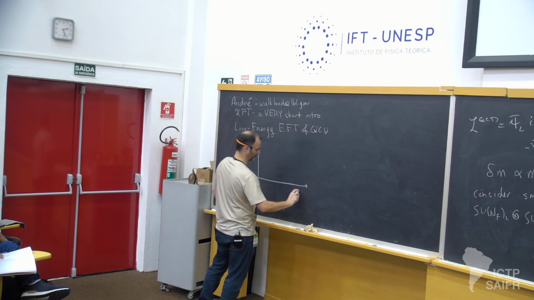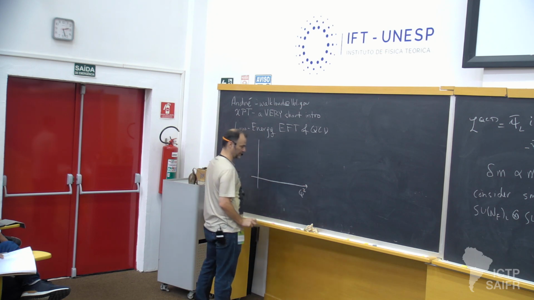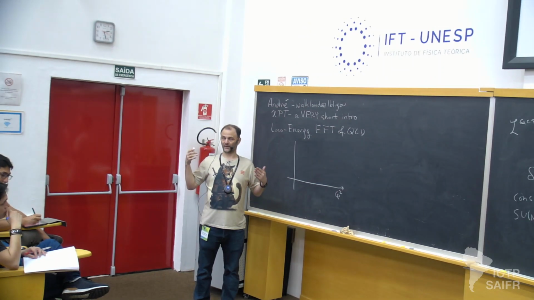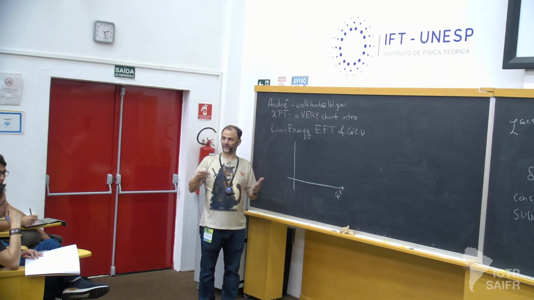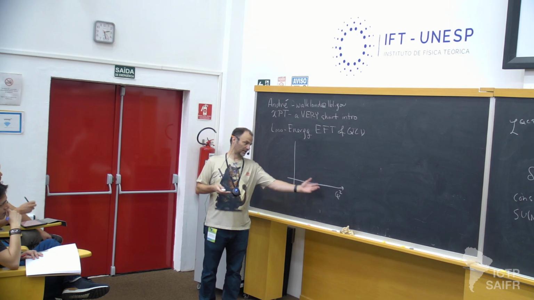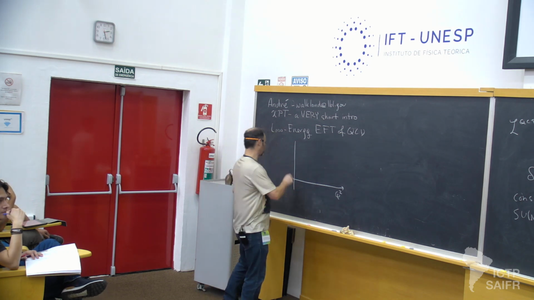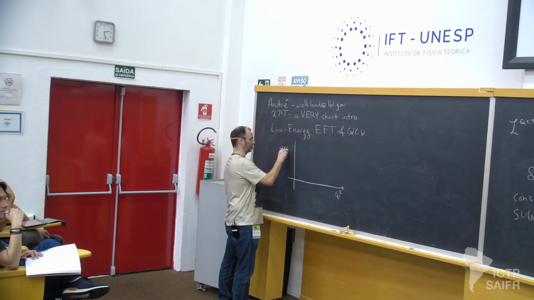So if here I plot some energy scale, Q squared, and it's something that's defined in the space-like separation of QCD, or you could think about it going to Euclidean space where Q squared is only positive. And on this axis, I have the strong coupling as a function of Q squared.